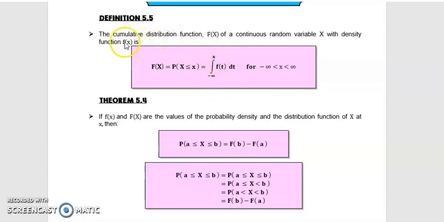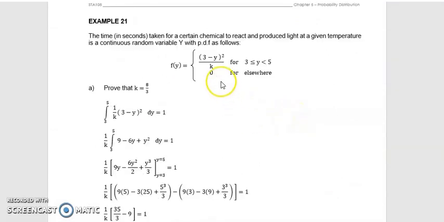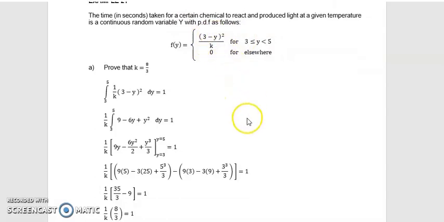If the variable is y, you replace x by y, and inside you integrate f(t) dt, replacing the variable with t, because later on we want a function. From this example, the equation is (3 minus y) squared over k, and k is 8 over 3, for y greater than or equal to 3 but less than 5.